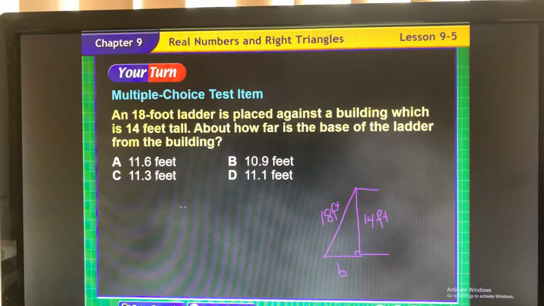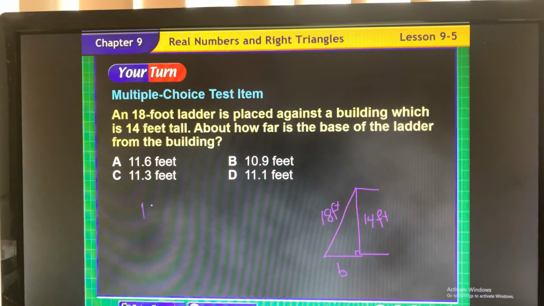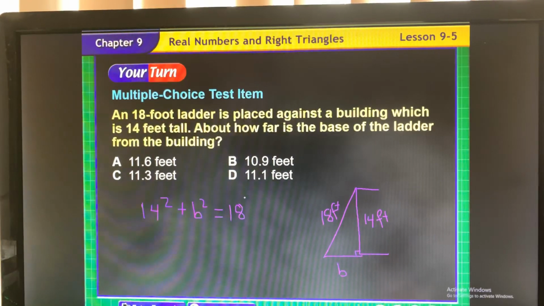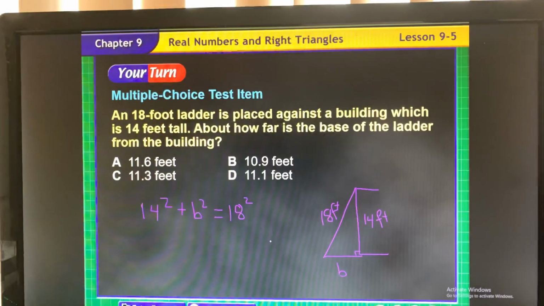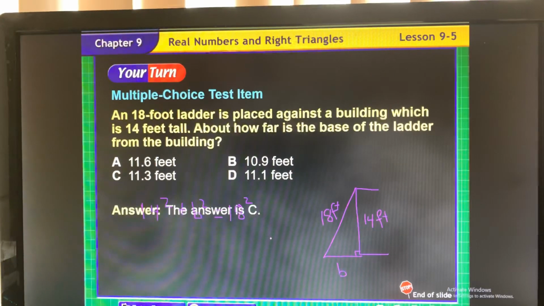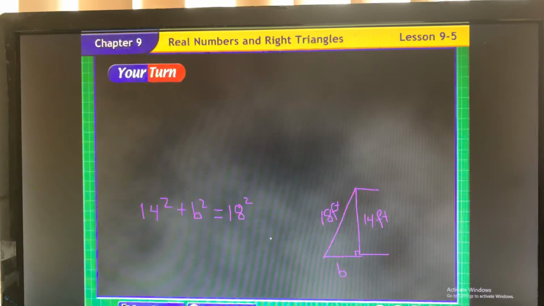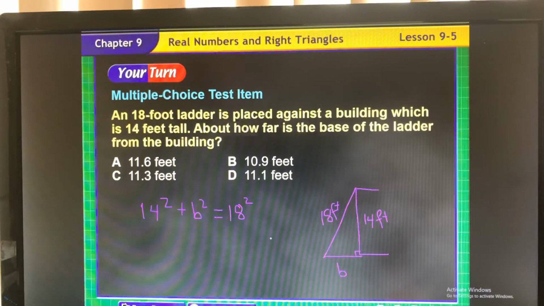So we're going to do 14 squared plus b squared equals 18 squared, like that. And once you do out the problem, you'll find out that your answer will be C. Giving you time to read the problem and look at it one more time.